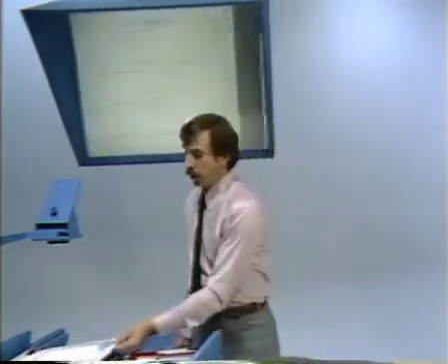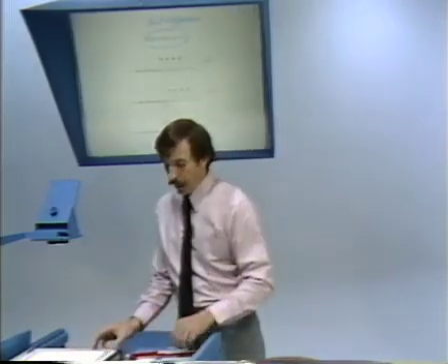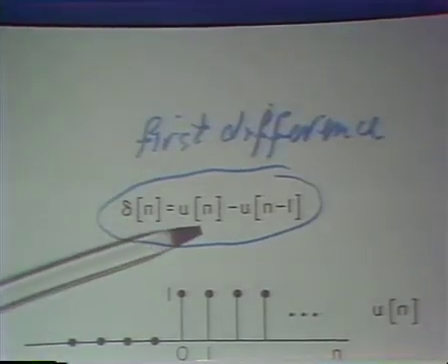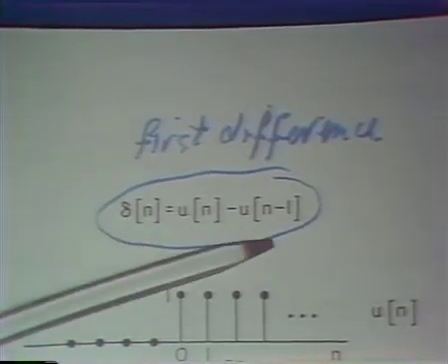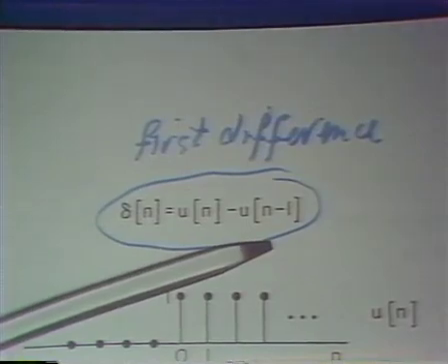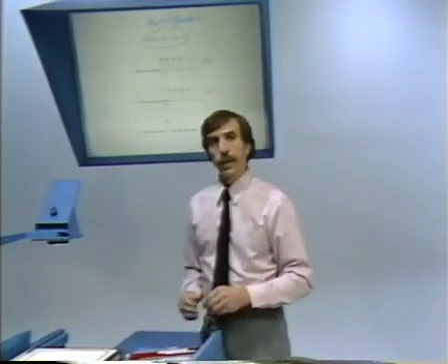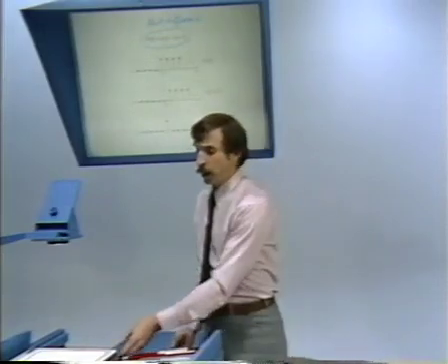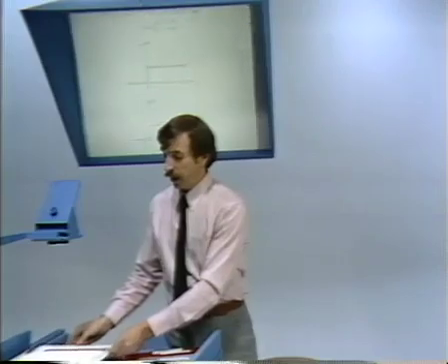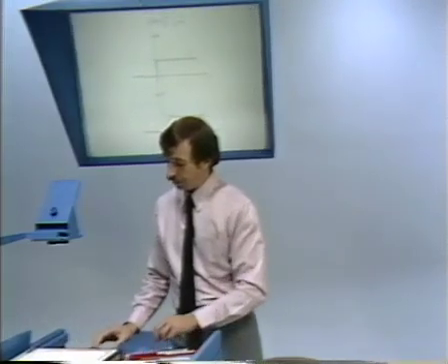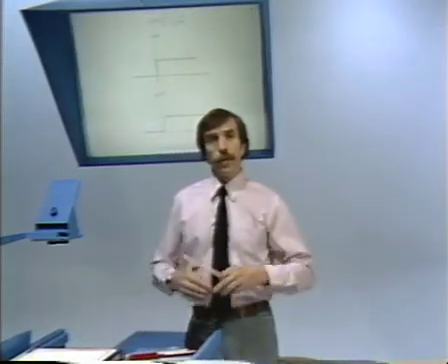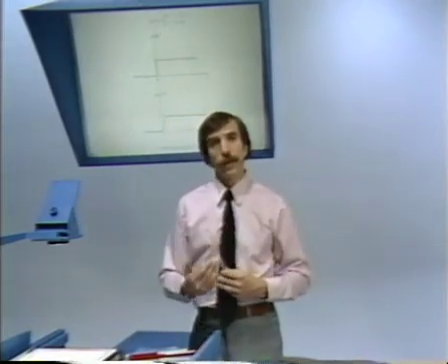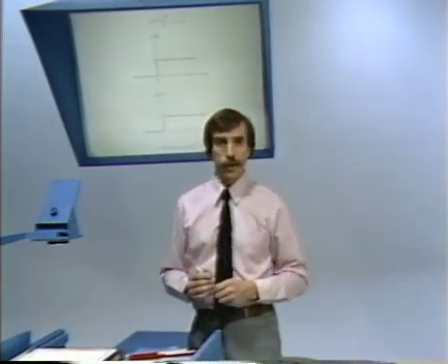In discrete time, we saw that the unit impulse function is the first difference of the unit step function. Well, similarly, in continuous time, we can talk about an impulse function which is the first derivative of a unit step function. So the unit impulse, as we want to define it, is the derivative of the unit step.